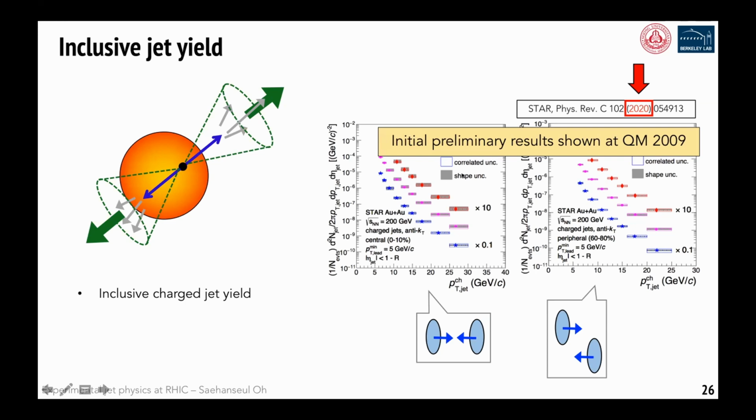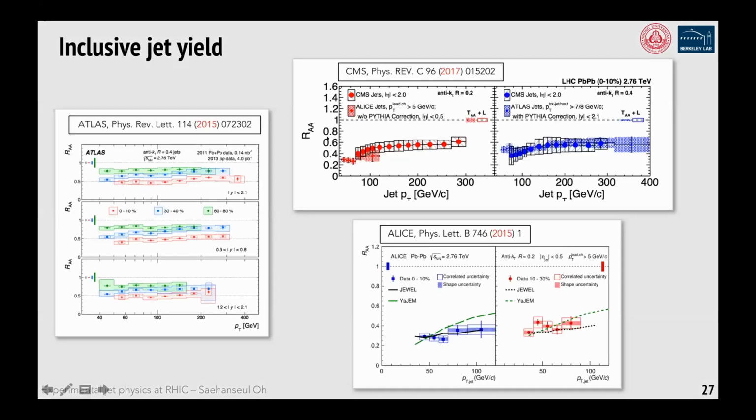Thank you. So the initial result was in 2009, but the final publication was in 2020. Many people put effort into this paper, and I'm very happy to see it two years ago. Anyway, this was in 2020, but at the LHC, ATLAS, CMS and ALICE published their first RAA papers in 2015, 2017, 2015.